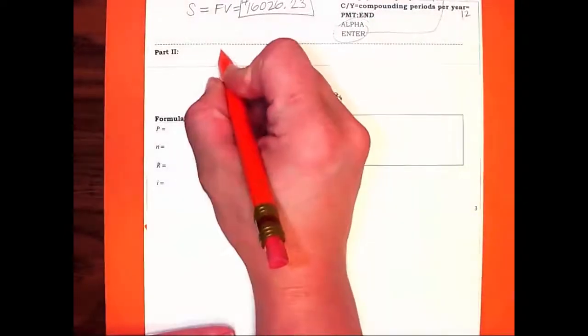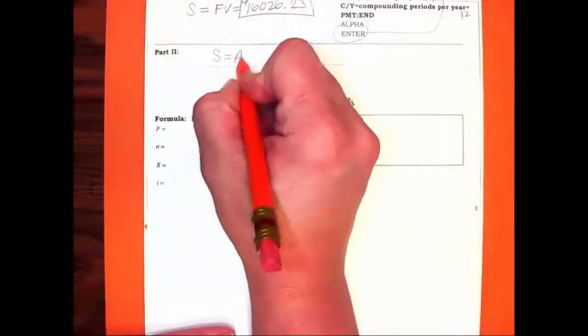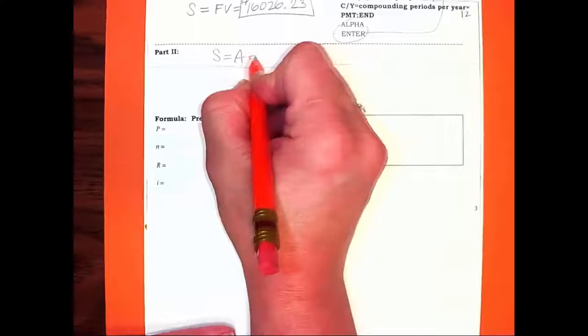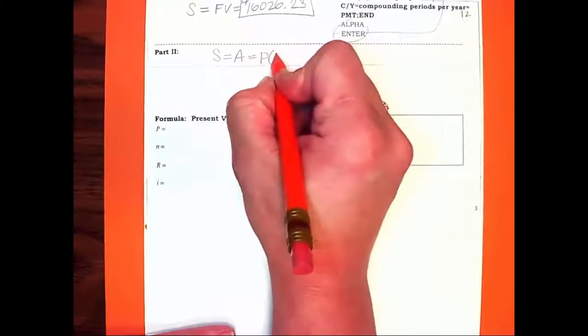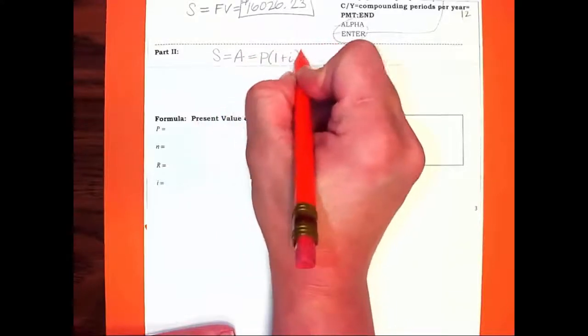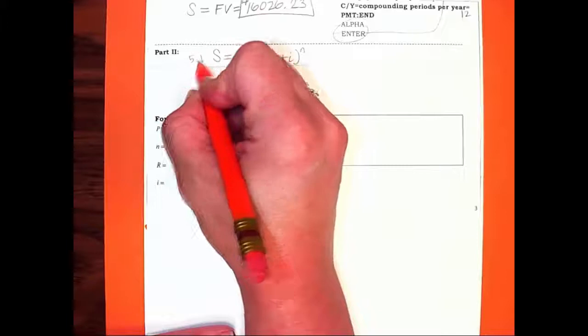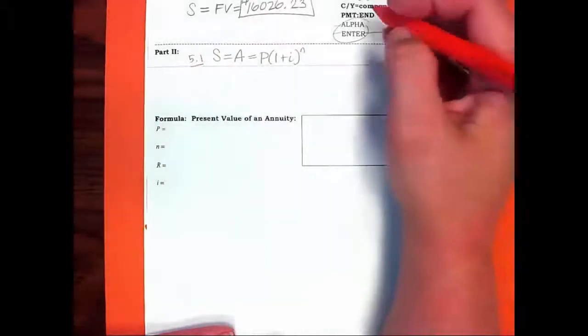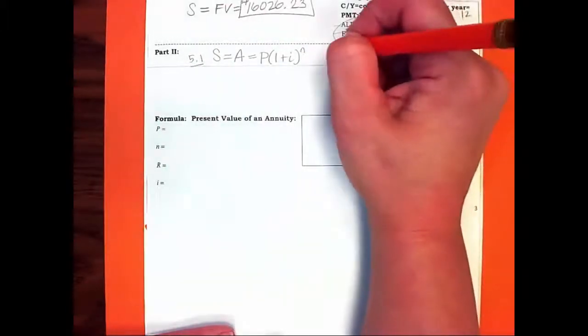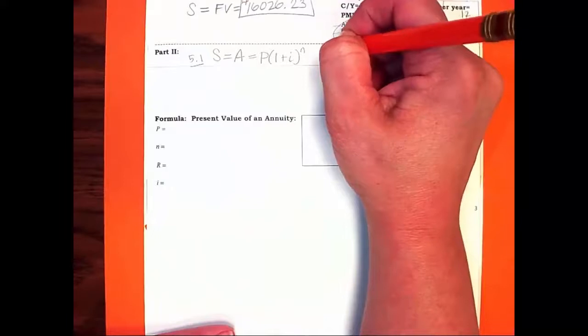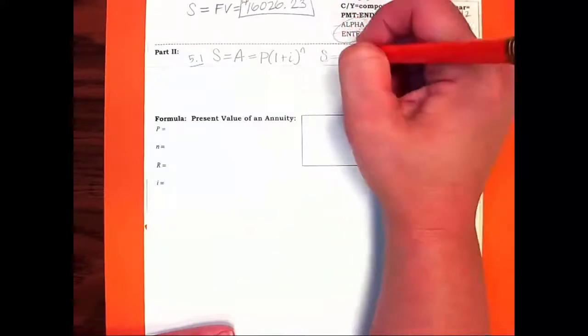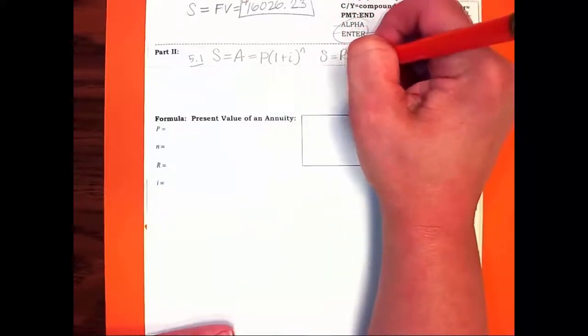So we have this idea that the accumulated amount, so the future value, from the compounding section, from 5.1, we had this formula, okay? And then in the next section that we just talked about, we had this new formula for future value, which is taking payments.